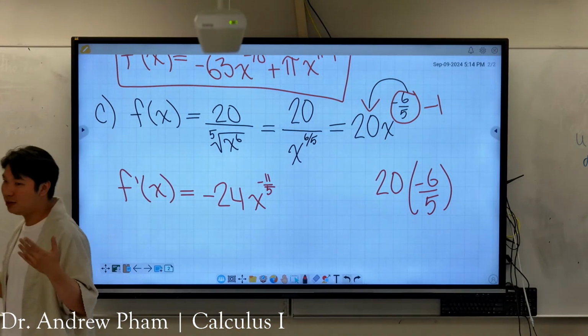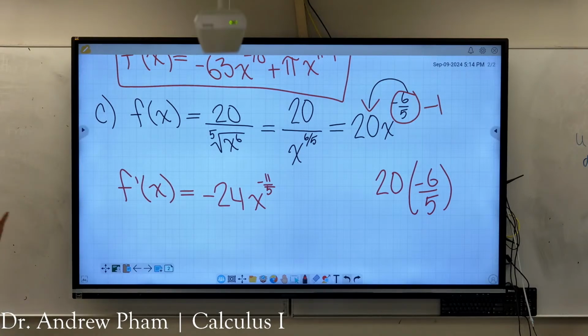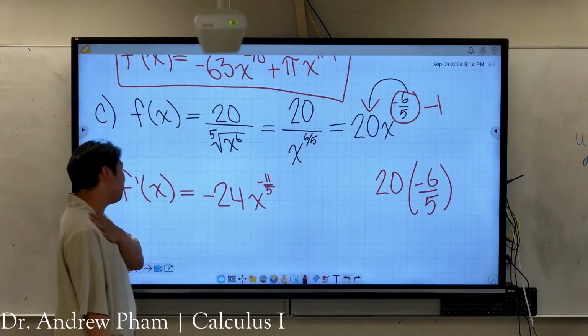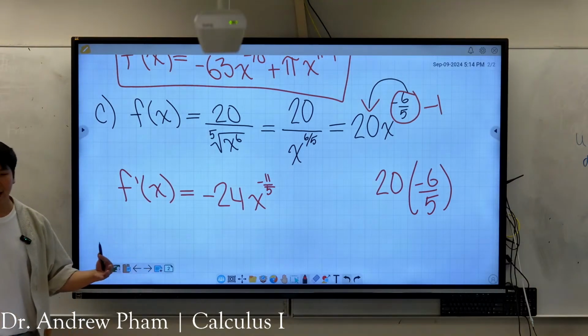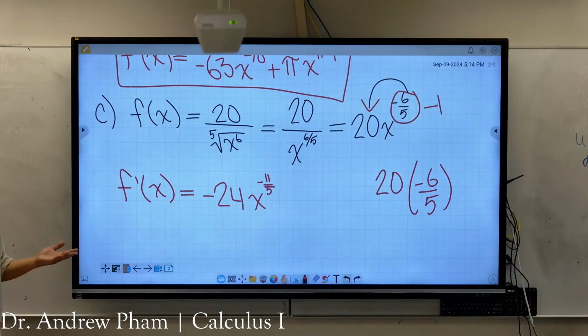Because we know that essentially our idea of multiplication and division, the order doesn't really matter that much. I didn't have to say 20 times 6 and then divided by 5. I could have said 20 divided by 5 and then 6. Well, negative 6 in this case. But yeah, we have our derivative. So again, a lot of practice, just making sure, first off, can we multiply this correctly? And do I remember to reduce the power by 1?